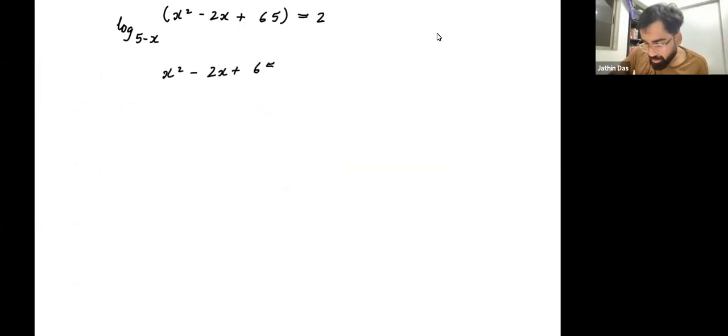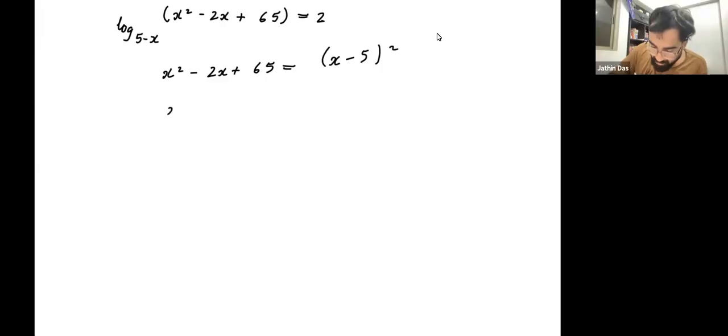तो see अभी यहाँ पे 5 minus x whole square minus 2x plus 65 is equal to 2. You tell me what will you do? 5 minus x raised to 2. Correct. वही है. No problem, ना? So I'll take it as x minus 5 because it's an even power, na?